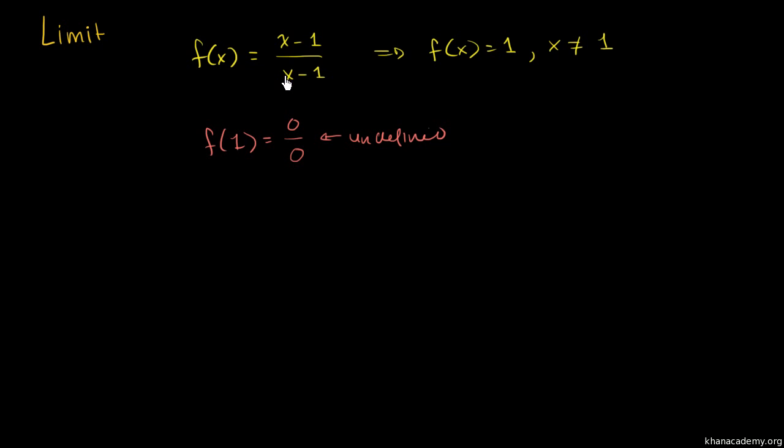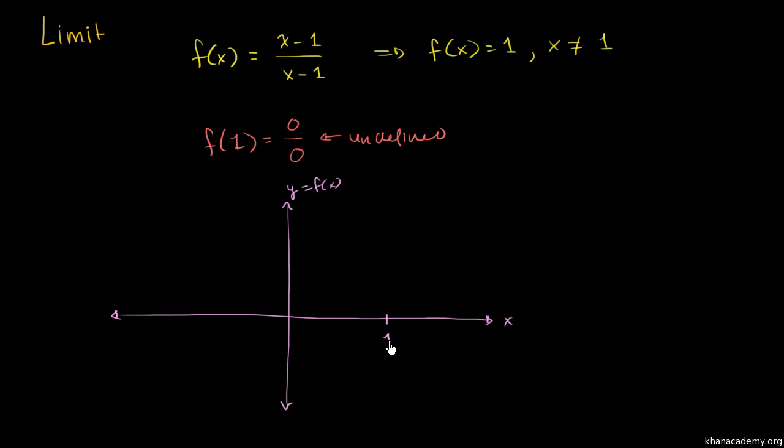So how would I graph this function? So let me graph it. That is my y is equal to f of x axis. And then this over here is my x axis. And let's say that this is the point x is equal to 1.